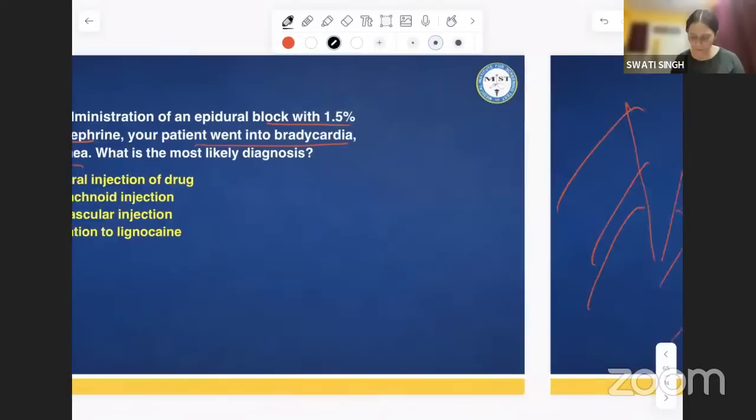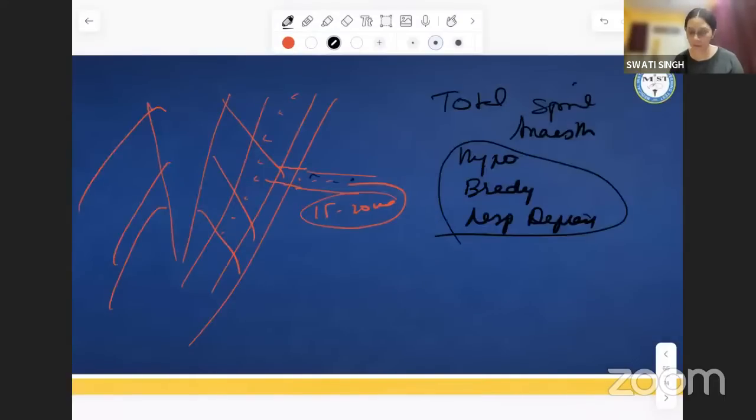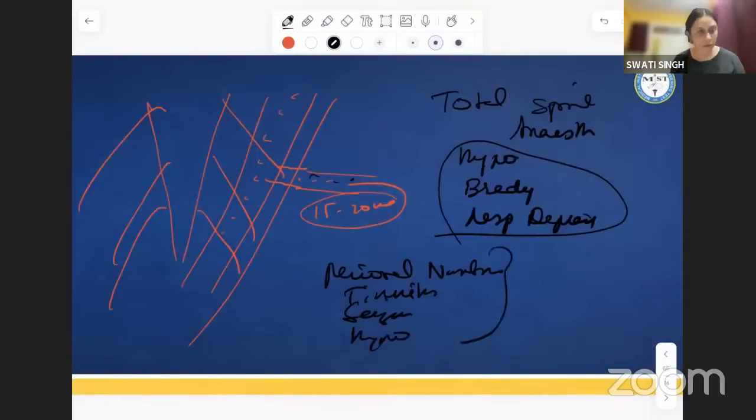If after giving the drug, the patient had symptoms like perioral numbness, tinnitus, seizure, and then maybe hypotension also, then it would be local anesthetic systemic toxicity like cardiotoxicity, etc. Right?